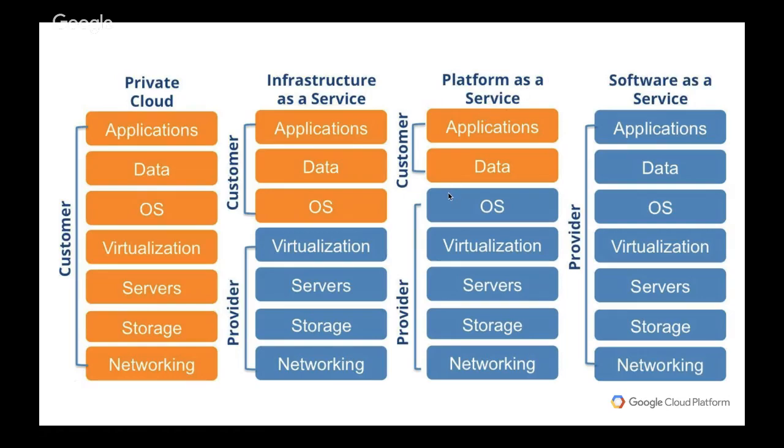In such a case, the cloud service provider will say, you don't have to worry about the operating system layer. Only tell me which programming language you require, and the service provider will provide you the instance pre-configured and installed with every software you need to run this application. For example, you can say, my application is written in Java, and I need an instance that can run a Java application.